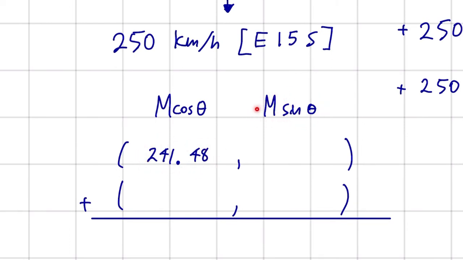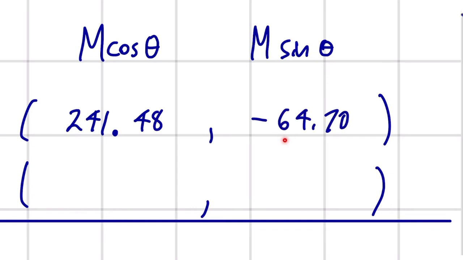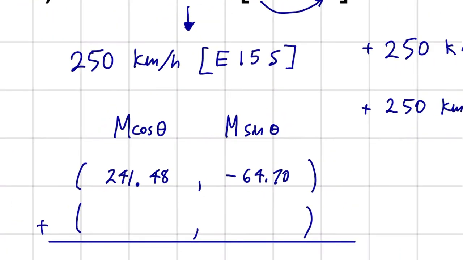And then in our north/south direction, we're going to have the magnitude, 250, multiplied by the sine of 15. That will give us an answer of 64.7. And because it's in the south direction, we're going to have this negative sign.